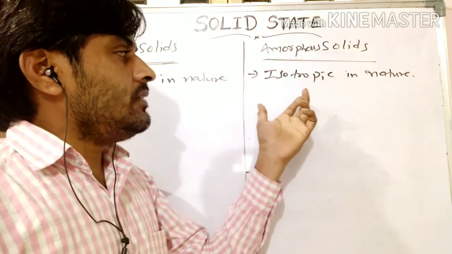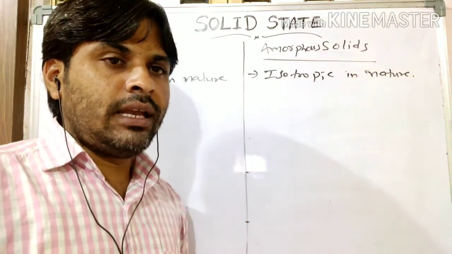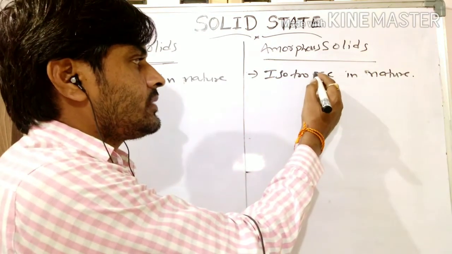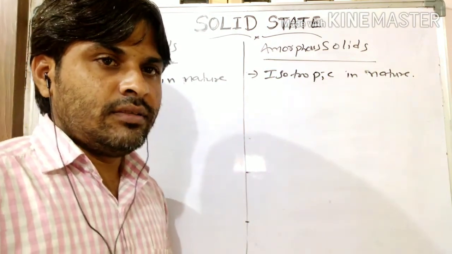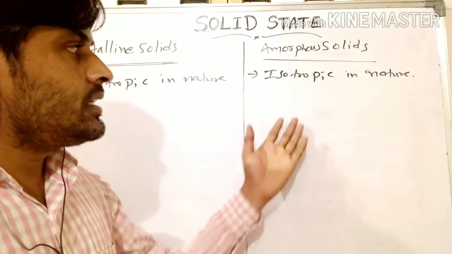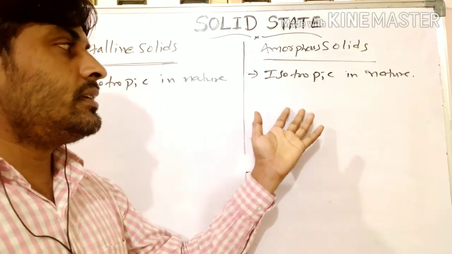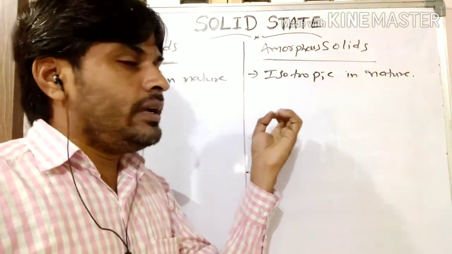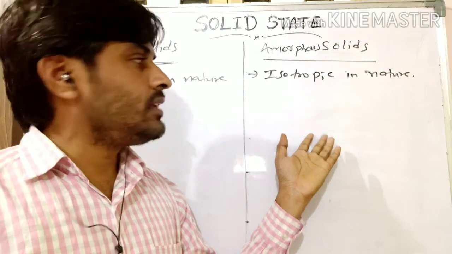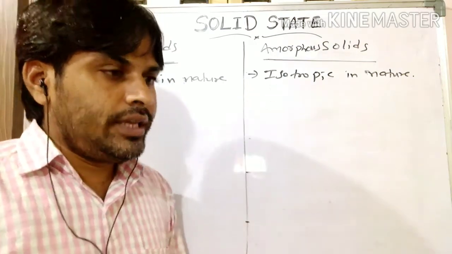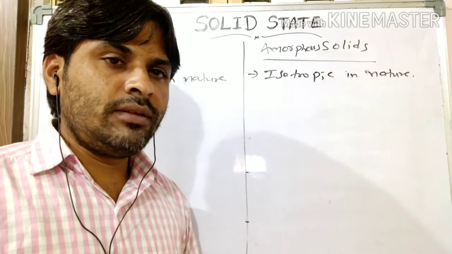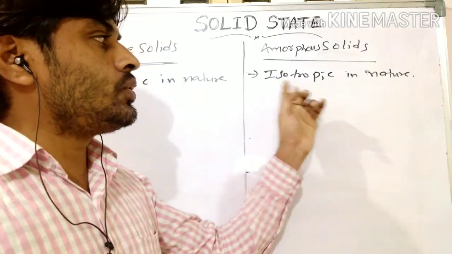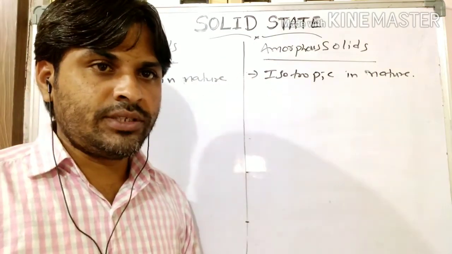Isotropic means some physical properties of solids, like electrical resistance and refractive index, have the same values in all directions in the solid. In the solid you go in any direction, the physical property values will be the same. Iso means same.